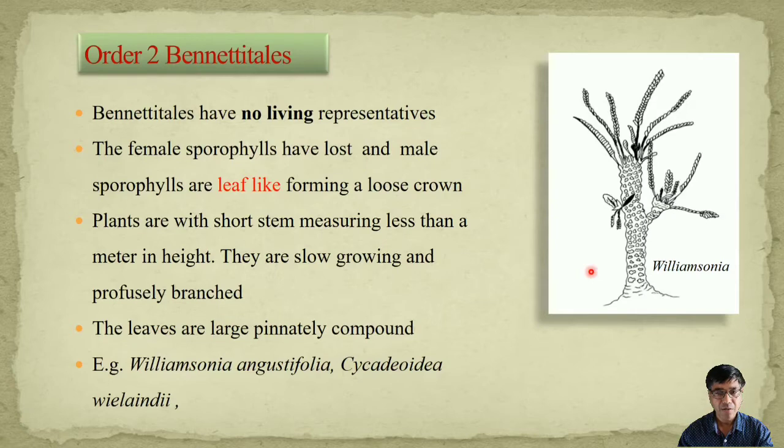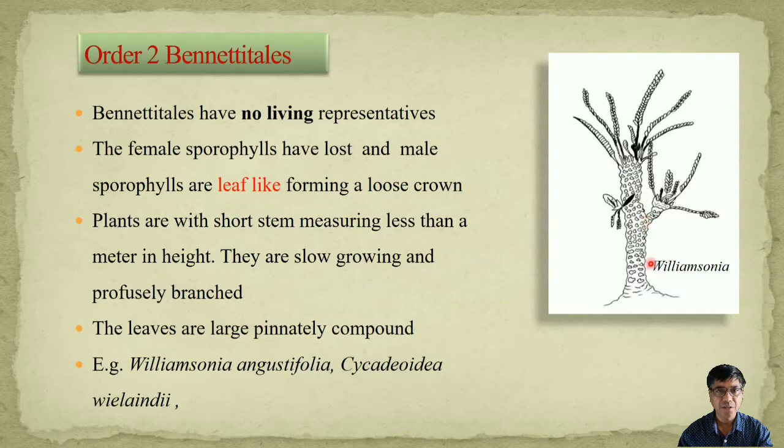The female sporophylls have lost, meaning missing, all similarity to leaves and are grouped into a cone. The male sporophylls are leaf-like, forming a loose interwoven crown and are never grouped into a cone.